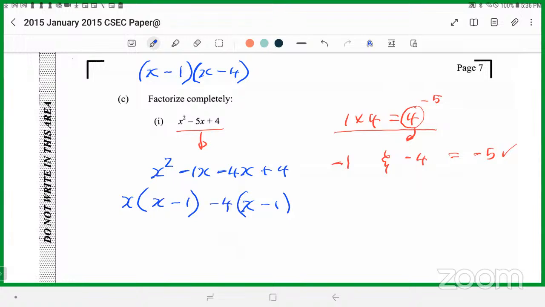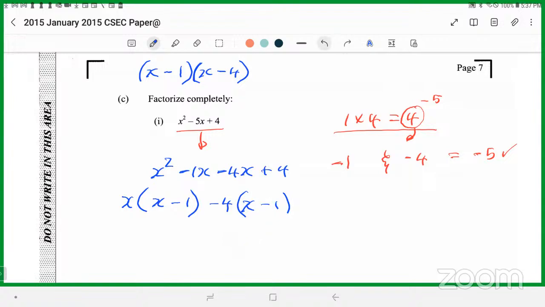If you're not sure, you can just expand this back across these brackets to get back these terms. So -4 times x is -4x, and -4 times -1 is +4. That's one of the reasons why I write down the two bracketed terms first. Whatever I have here, I put it back over here first, because some persons, in factorizing this part, might make a mistake and put a plus right here.